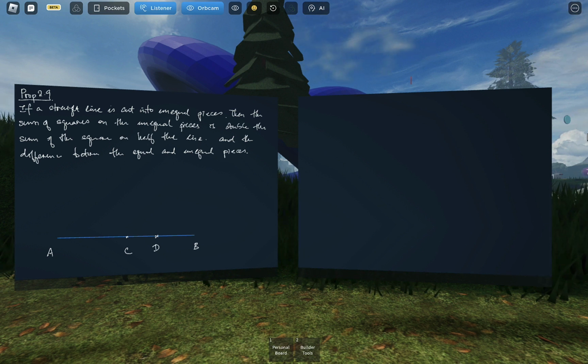So let's actually do this. Let's call this length A and call this length B. I know I probably should put arrows to indicate what I'm doing.